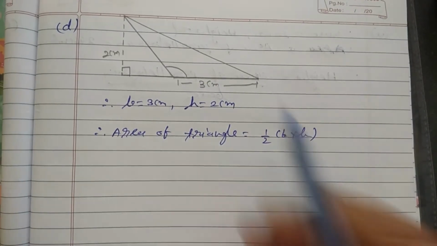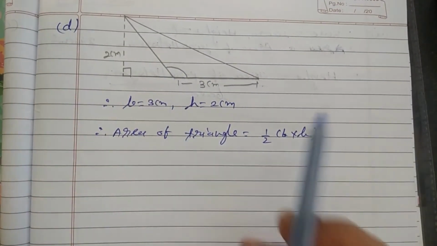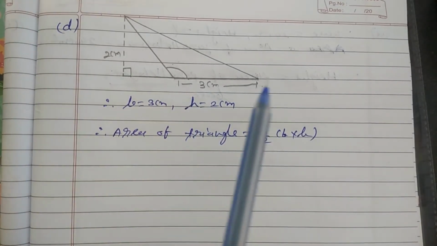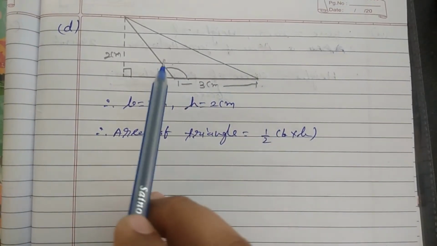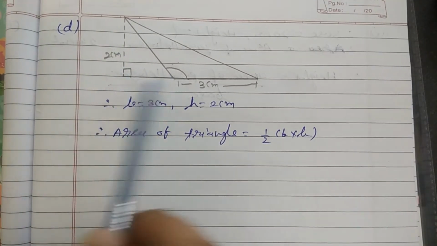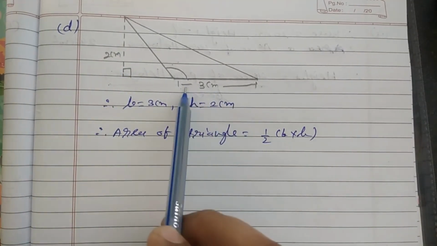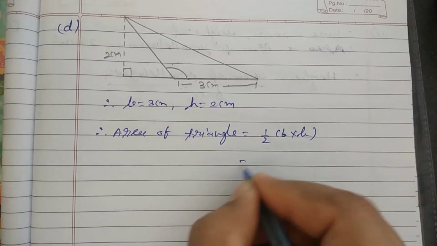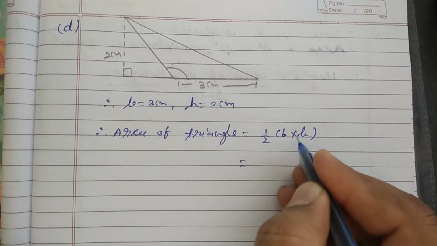Next sum D. Here an obtuse angle triangle is given. This is the obtuse angle, and in an obtuse angle triangle height comes outside. So here this height is given. This is our base 3 centimeter and height is 2 centimeter, and area of triangle is equal to 1/2 base multiplied by height.